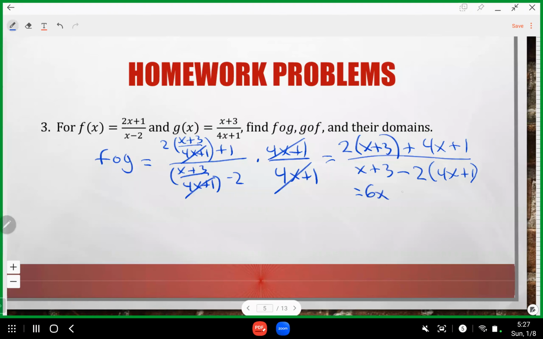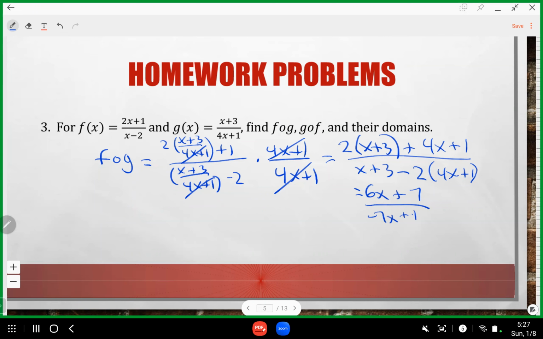So that will be 6x plus 7 over negative 7x plus 4, I mean minus plus 1. There you go. Okay. So that was very, very good.